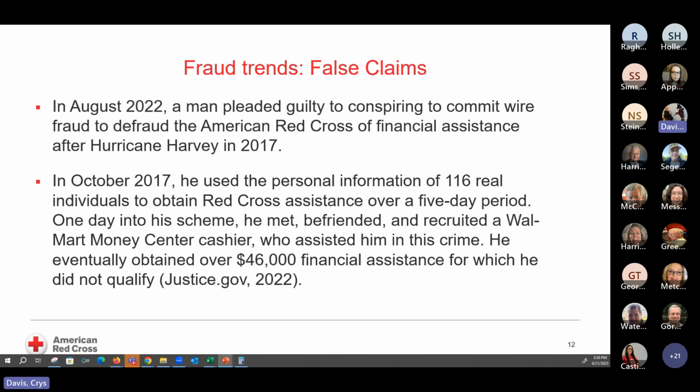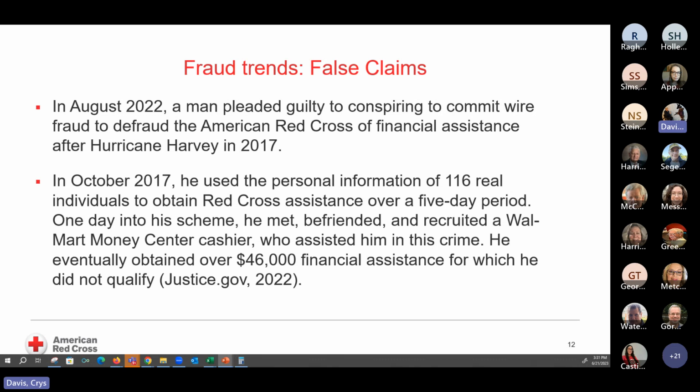If I went to the American Red Cross and said, hey, my house was destroyed in this storm, and sent pictures of one of the other houses in my neighborhood that has a tree on it, then I would be making a false claim because my house is not damaged. Any questions about false claims?